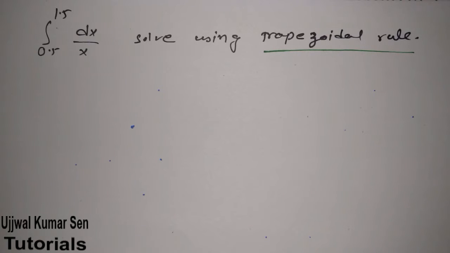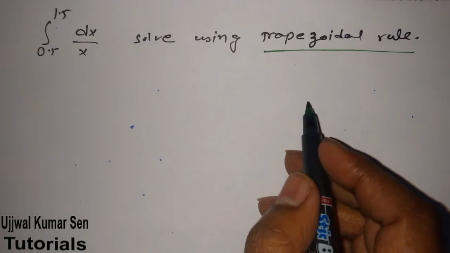Why we use the trapezoidal rule is also important. Whenever an equation becomes difficult to solve by the conventional method, we use numerical methods. The application of numerical methods in complex situations is abundant. So let's go for the trapezoidal method.